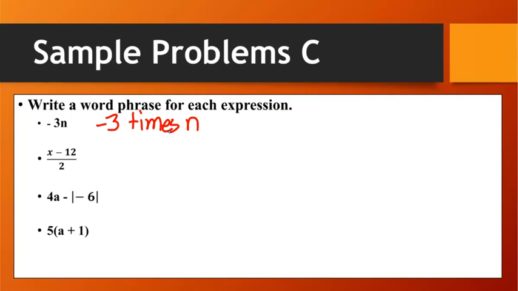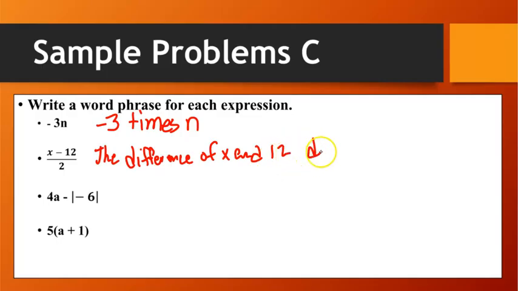Next, I have x minus 12 divided by 2. So I'm going to say the difference, which just means the answer to a subtraction problem, of x and 12 divided by 2.